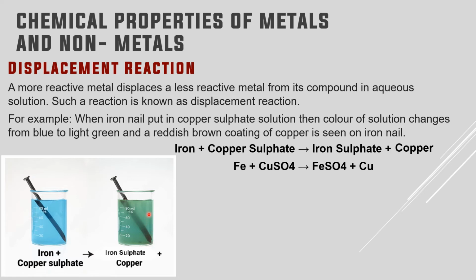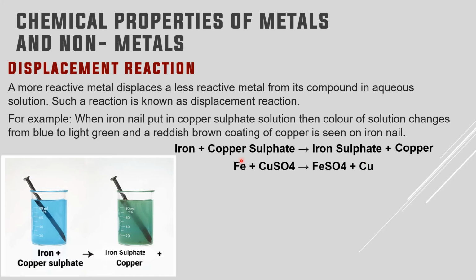Okay, so we write that in a chemical way. Iron, that is the iron nail, is put in copper sulfate solution. So you can write iron plus copper sulfate gives what here? A green colored solution. That is called iron sulfate.